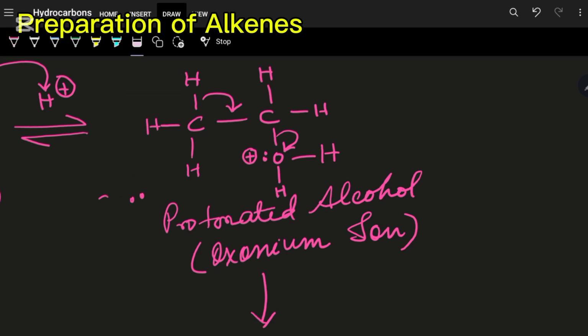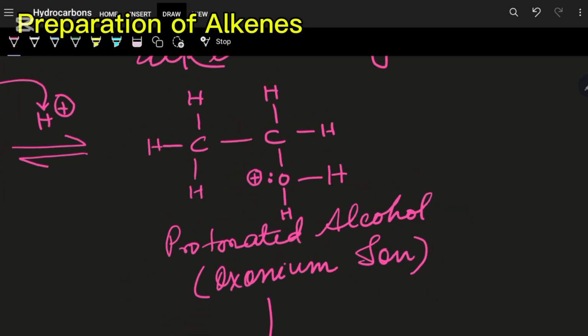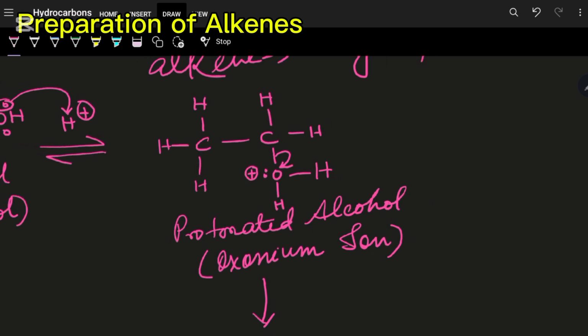I'm showing you the other way also. That is the more probable way, easy to understand, and the more probable mechanism. See, mechanisms are all probable things. Now, since oxygen is electronegative, it has a positive charge, so it wants to get rid of the positive charge. So what will it do? It will take the electron pair and get dehydrated, with removal of H2O.